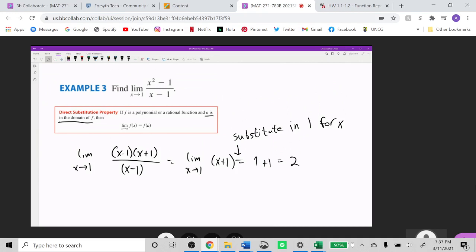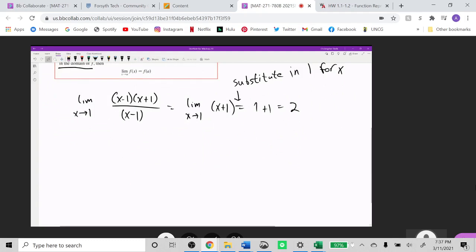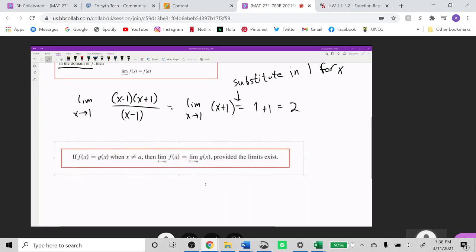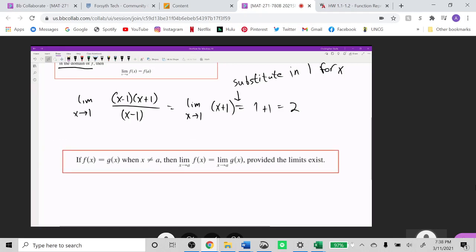First, we have to look at this fact. If f of x equals g of x when x is not a, then the limit of f of x as x approaches a is equal to the limit of g of x as x approaches a, provided that the limits exist.